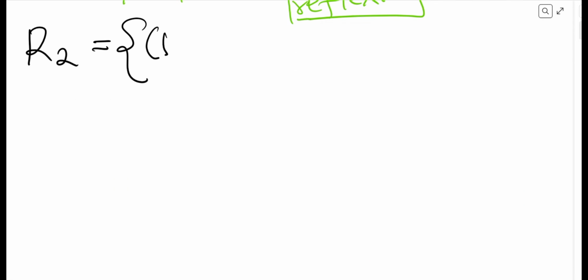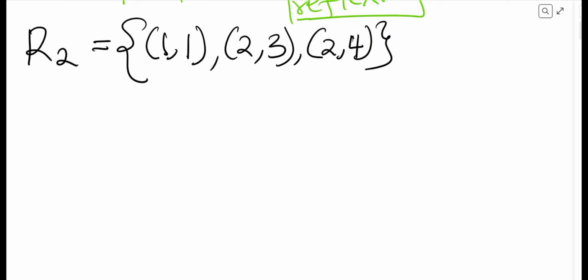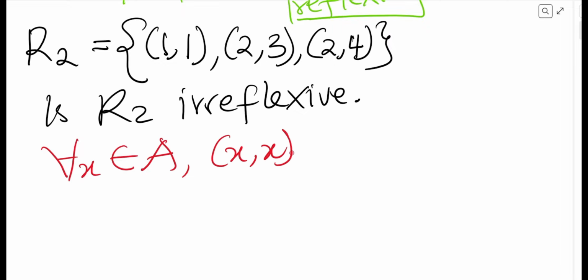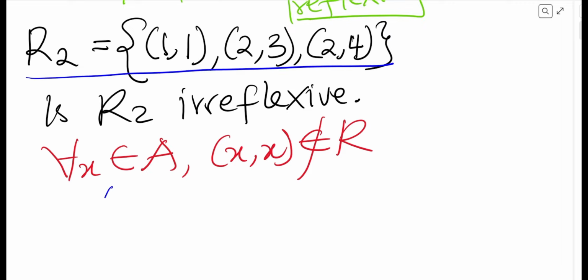Let's take another example. Consider a relation R2 to be as shown. Is this relation irreflexive? Go ahead and provide your answer. Okay. For irreflexivity, we are saying that for all elements X in the set A, (X, X) should not be in the relation R. If you look at R2, we have 1 related to 1.